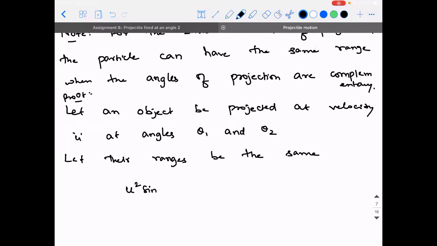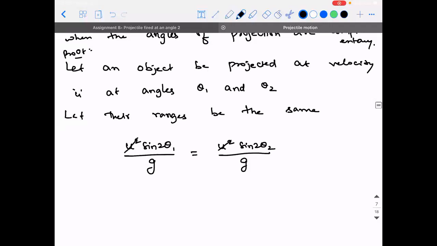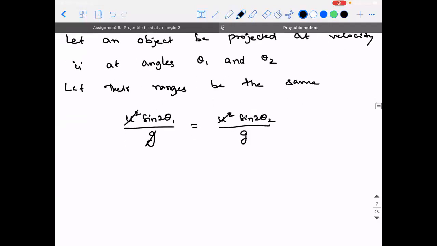So u square sin 2 theta 1 divided by g will be equal to u square sin 2 theta 2 divided by g. Did you understand why I wrote only u square? Because the important condition for the angles to be complementary is that their velocities should also be the same. Please underline that word. So u square and u square will get cancelled. g and g will also get cancelled.